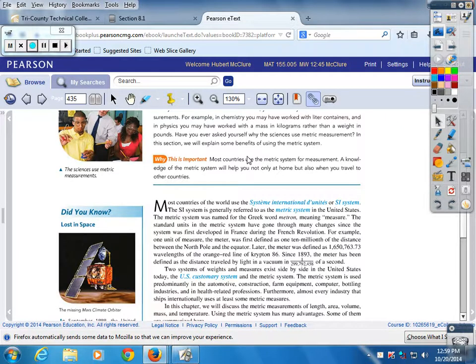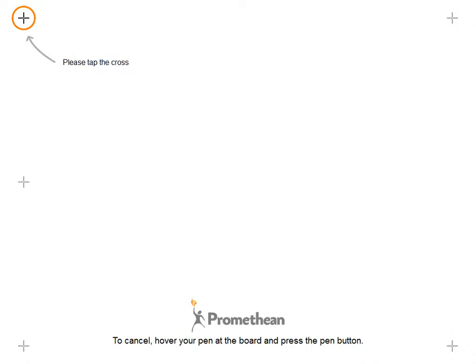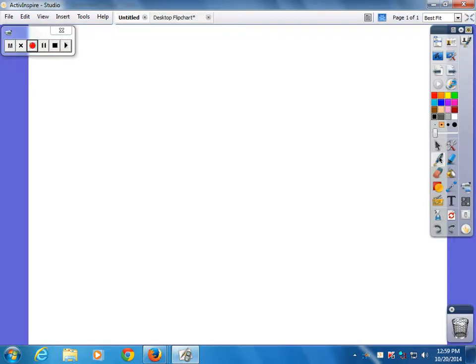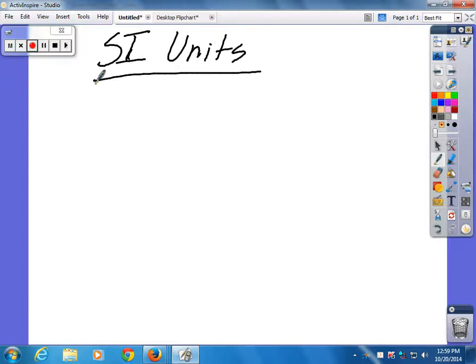SI units are what we deal with every day. And that is cups, miles, feet, pounds, all that good stuff. So, SI units, talking about 16 ounces are in what?